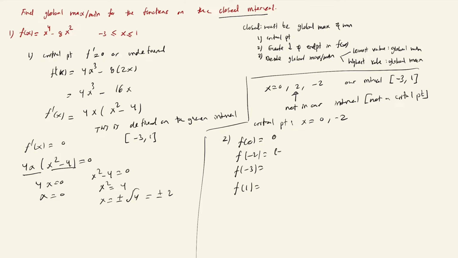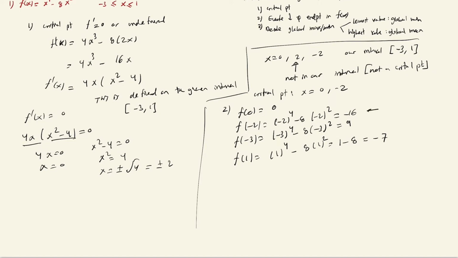After the evaluation, we look at the values of the function at these points, and the one with the highest value is going to be the global maximum, and the one with the lowest value is the global minimum. So note here, minus 16 is the lowest value, and 9 here is the highest value in the evaluation.